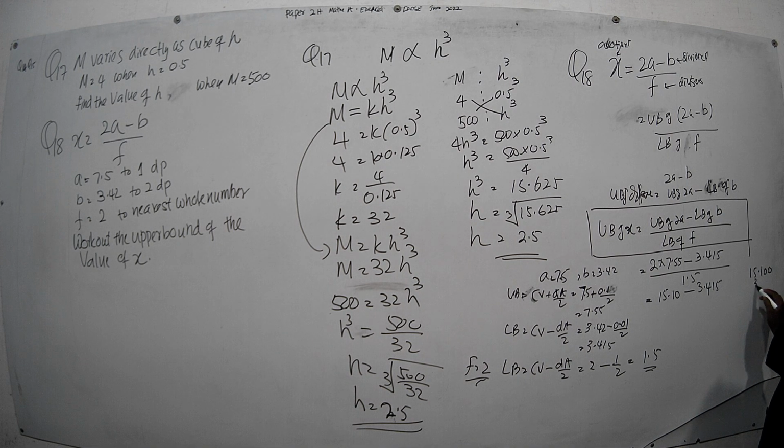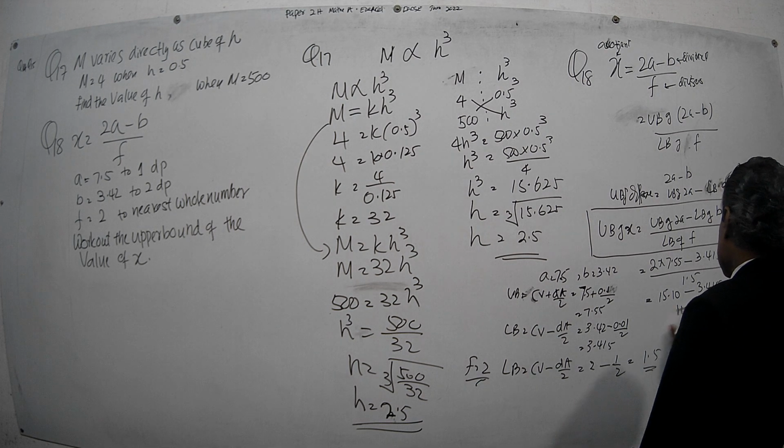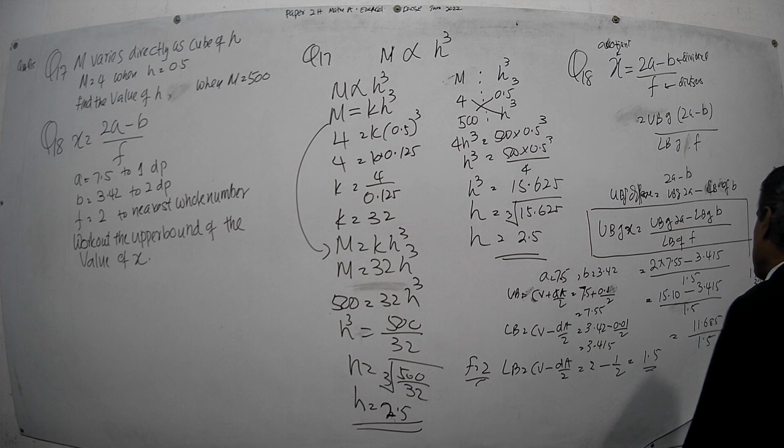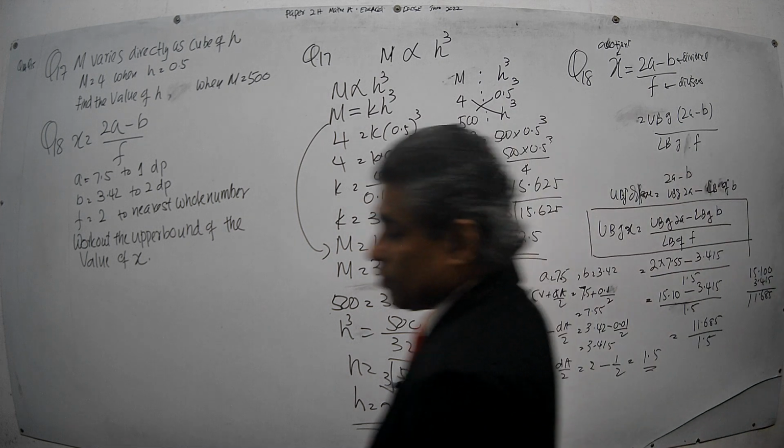That gives 11.685. Then in the next step, divide 11.685 by 1.5.